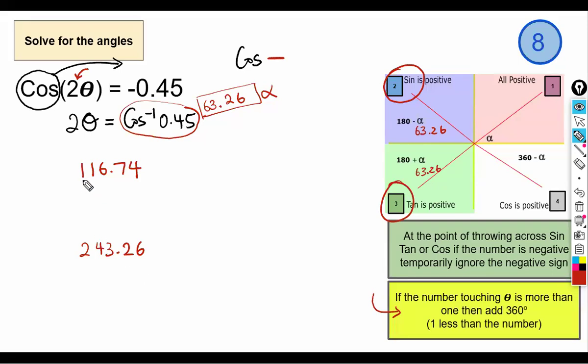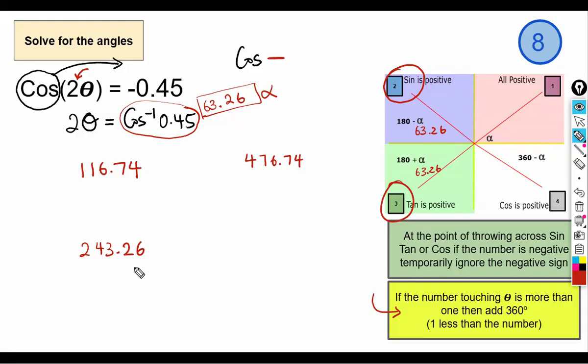That means we have to add 360 to this number once, and we have to add 360 to this number once. So take the 116.74, and add 360. You will get what? 476.74.